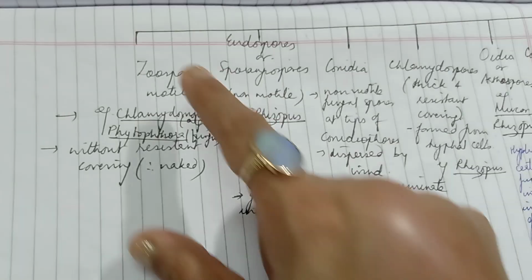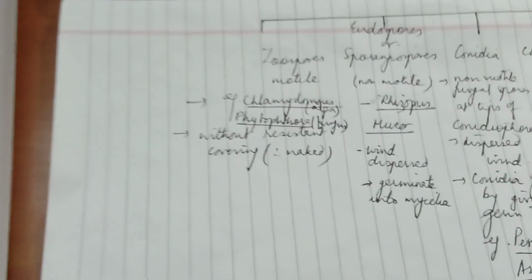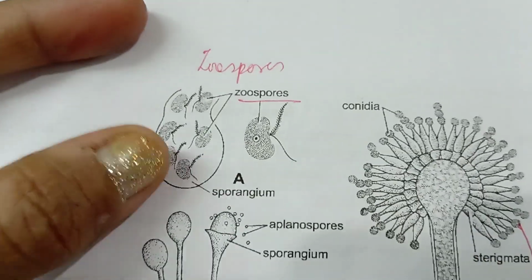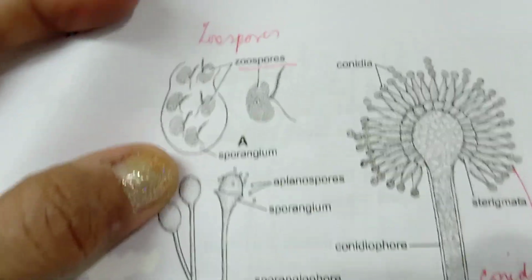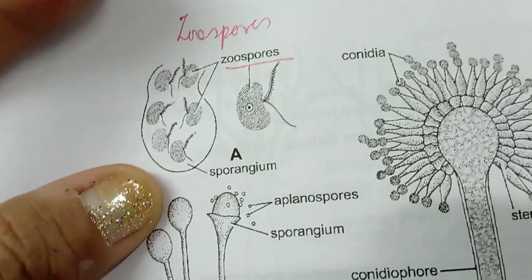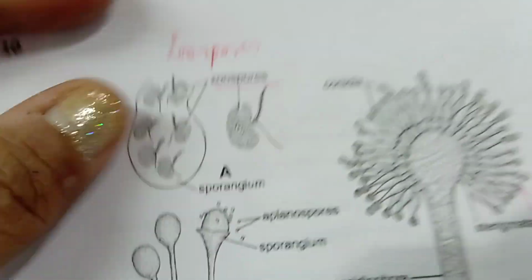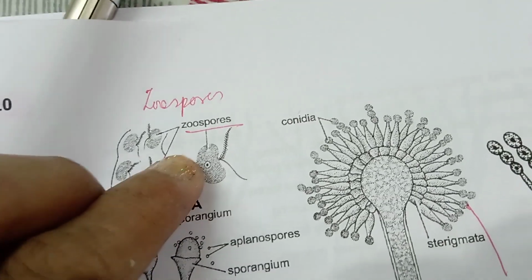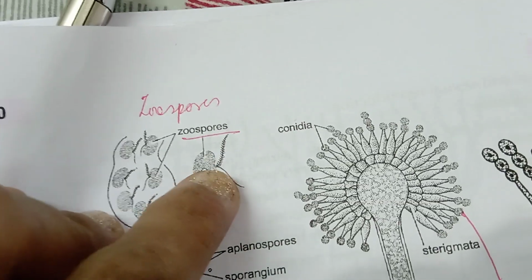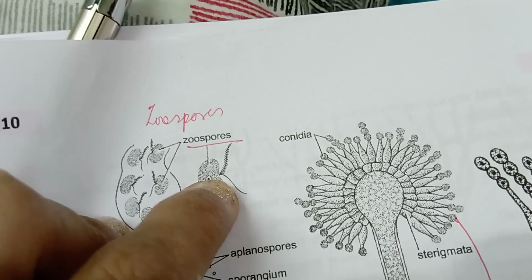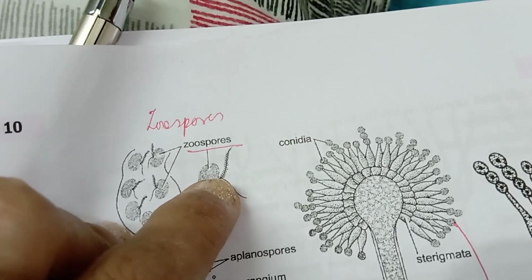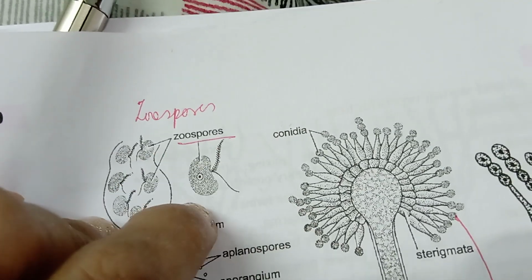So I'll just show you how the zoospores look like. See this. Zoospores. This is a sporangium in a fungus called Pythium. If you can see, they are kidney shaped with a nucleus, and they can have a motility very easily managed because of these flagella. So that is why what makes them motile.